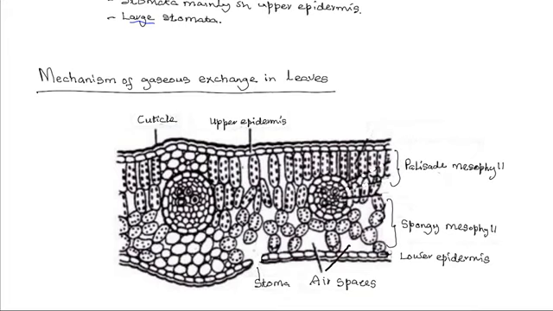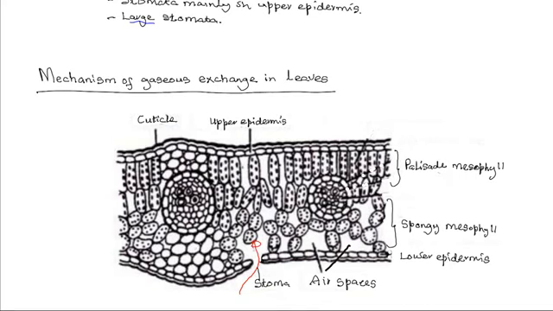Now, during the day, photosynthesis is the main process that is taking place in the leaf. So carbon dioxide diffuses from the atmosphere and into the leaf.